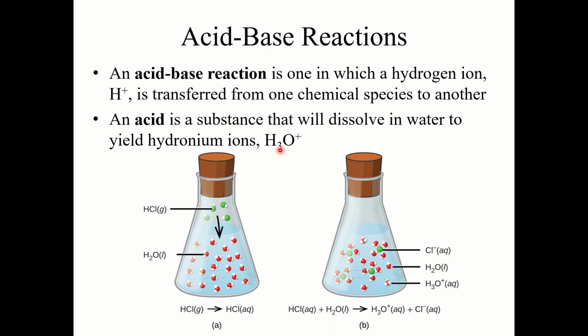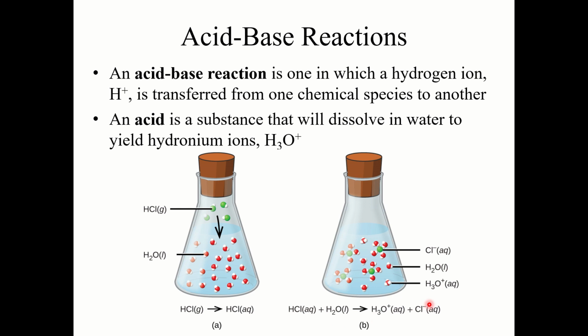We are going to define an acid as a substance that will dissolve in water to yield hydronium ions. For example, hydrochloric acid, or HCl, is a strong acid. So HCl in its gaseous form is dissolved in water, so HCl(g) becomes HCl(aq). Then what happens here is those HCl molecules react with water to yield hydronium ions.